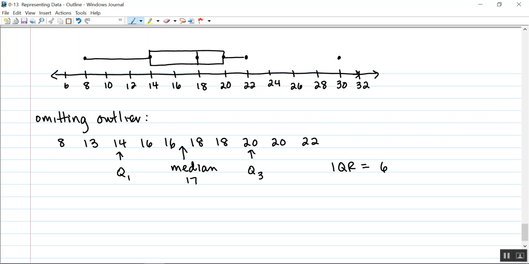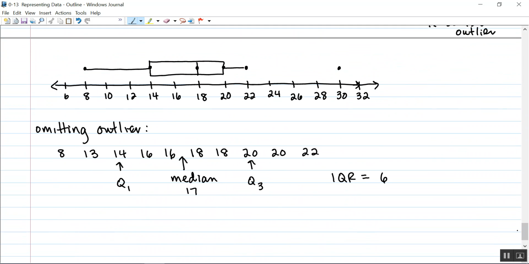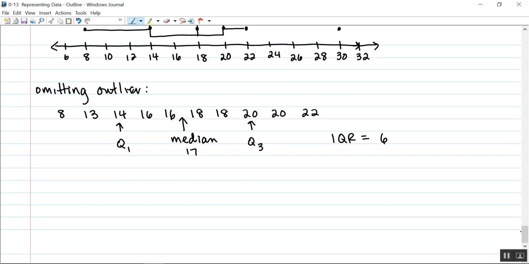So when I omit the outlier, it decreases my median from 18, my original median was 18, to 17, but does not change the first quartile, the third quartile, or the IQR. So let's write that out.